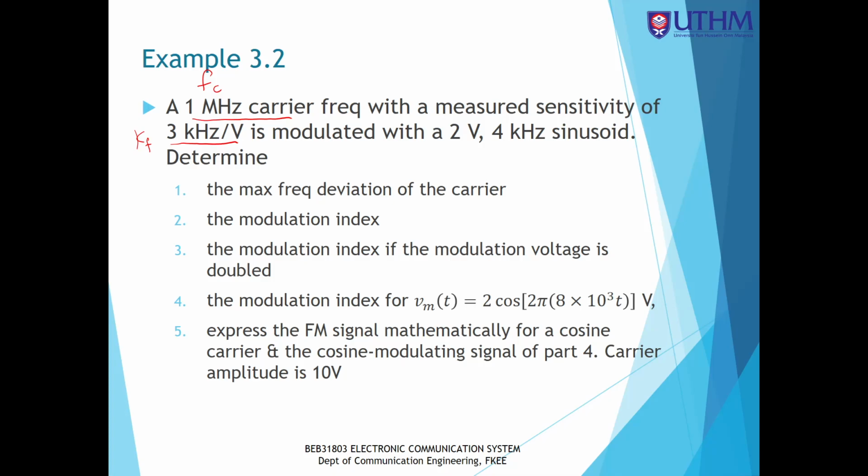The carrier is modulated with another signal which has a peak amplitude of 2 volts and a frequency of 4 kilohertz. This refers to VM, the peak amplitude, and FM, the modulating or message signal frequency.